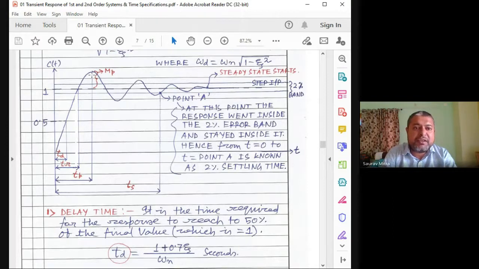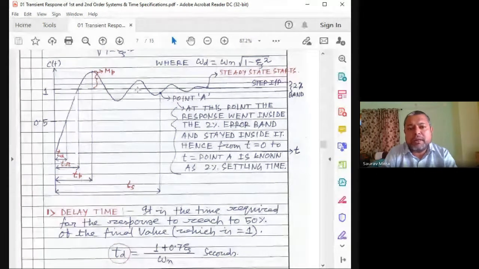Here the error value is maximum because the output is 1.4 and the input is 1. So how much is the error? 1 minus 1.4, that is 40%. Here suppose it is 0.8. How much is the error? 1 minus 0.8, that is 0.2, so the error is 20%. Here let's say it is 1.1. How much is the error?